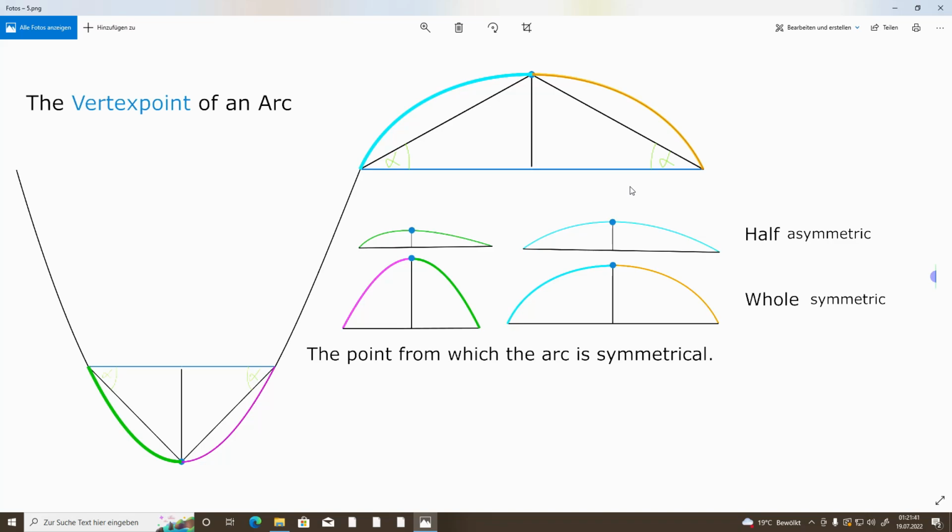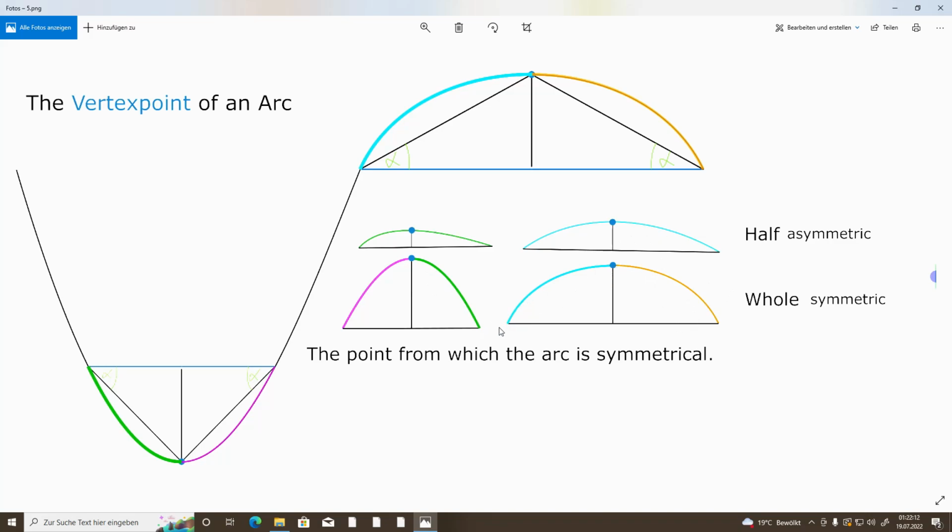We're using the point from which the arc is symmetrical. So there you can see the arc is symmetrical, and when you use half of it, it's asymmetrical, and there also asymmetrical. And you see, the more it goes in the direction of a sphere, the less asymmetrical the halves get.